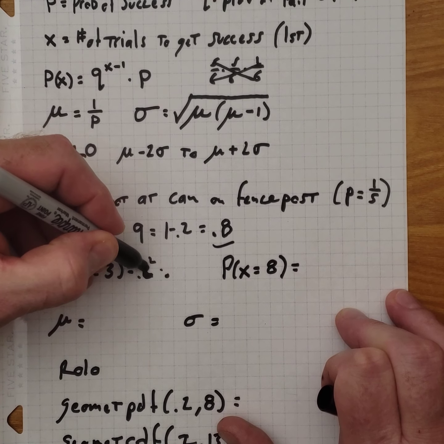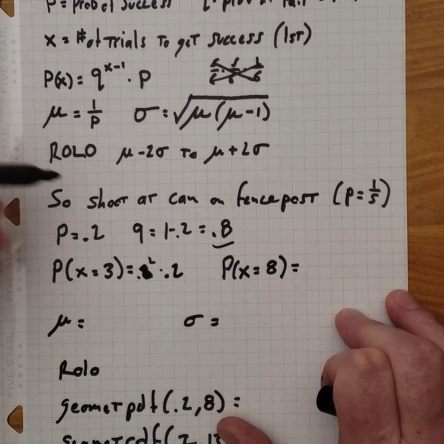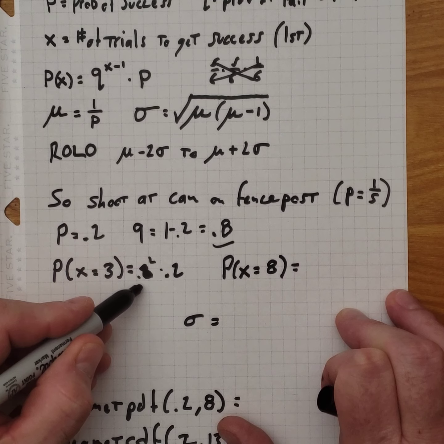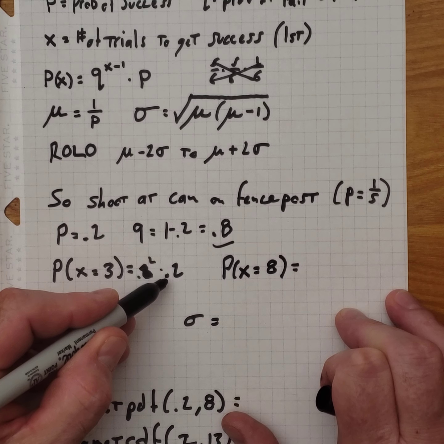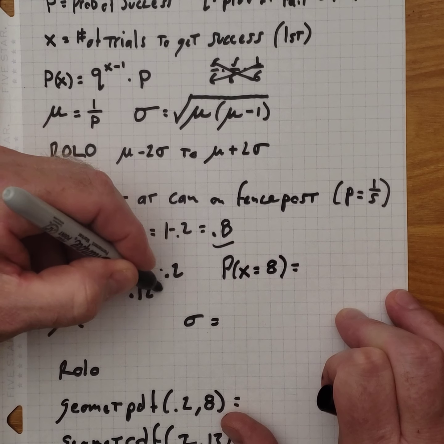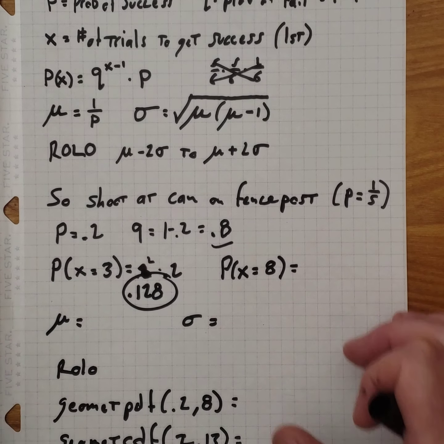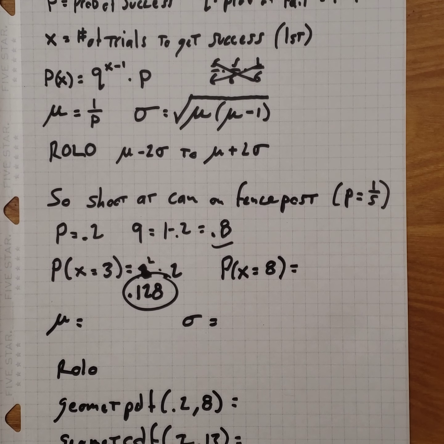So 0.8 to the second power, because that's the probability of failure, times the probability of success, 0.2. And I worked this out before. That gives us 0.128. Meaning there's about a 12 or 13% chance that we're going to hit that can with our third shot. Or if we were to do this over and over and over again, about 13% of the time we would hit the can with our third shot.